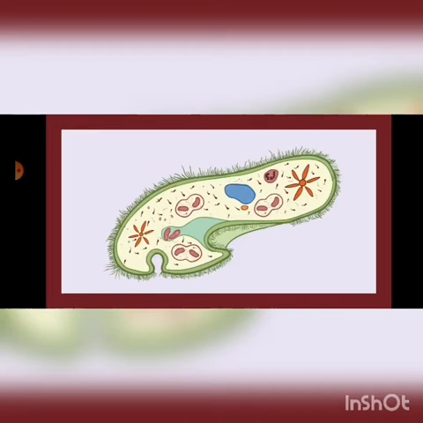The only difference is that while a single cell performs all the functions in a unicellular organism, multicellular organisms have specialized groups of cells to perform different functions. The specialized cells form tissues which in turn form organs.